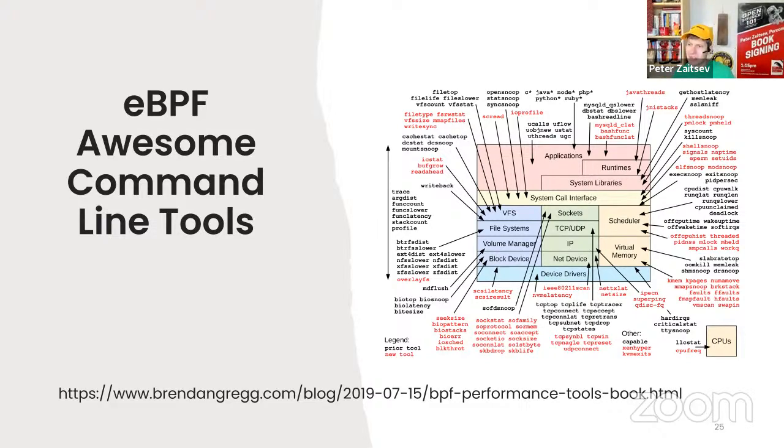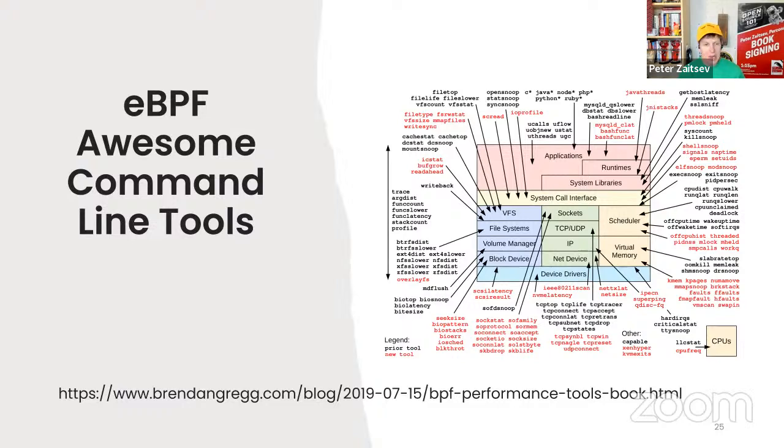Now, one thing which I started with years ago with eBPF is using eBPF command line tools, and there are quite a few these days. Brendan Gregg was somebody who championed a lot of those programs. Here is an example.